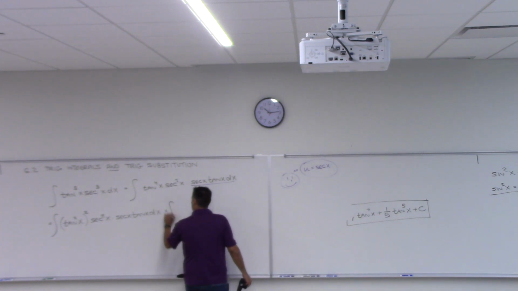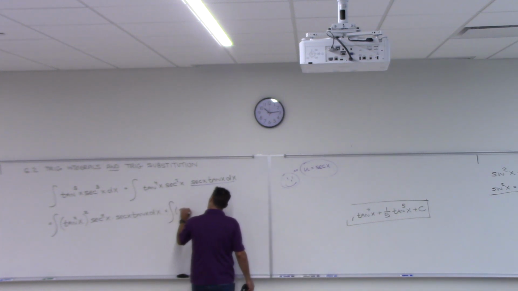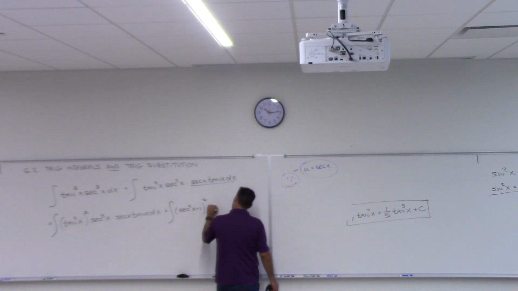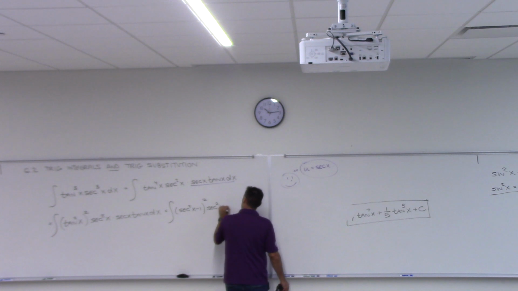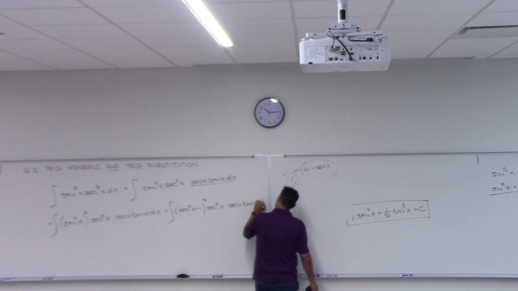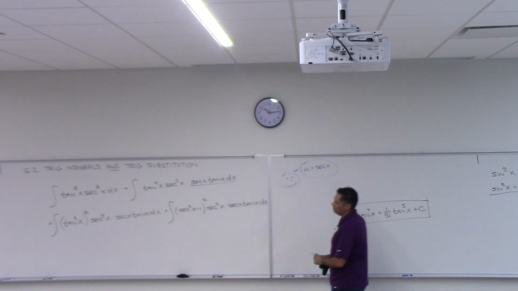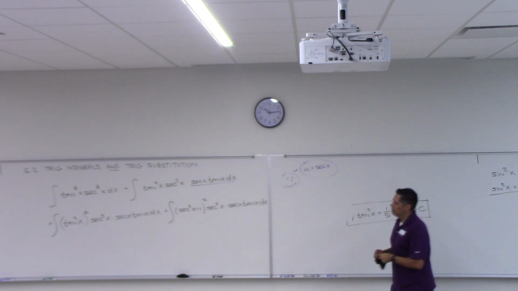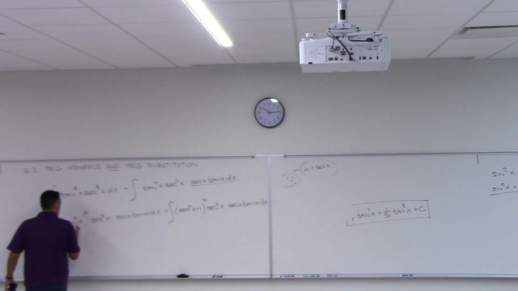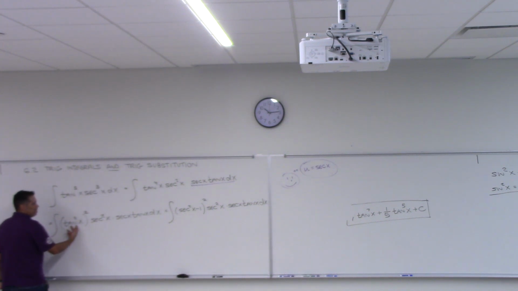Secant squared x minus 1. All of that squared, then secant squared x, then secant x tangent x dx. Rewriting that, that's all I did, right? Just rewrote that.